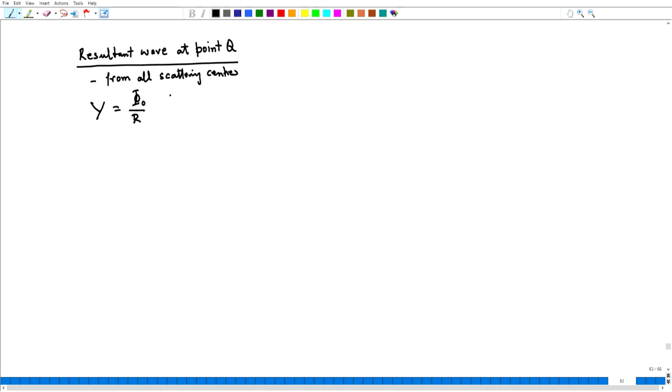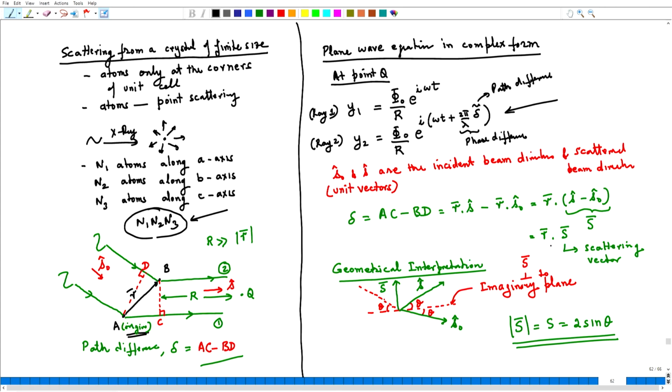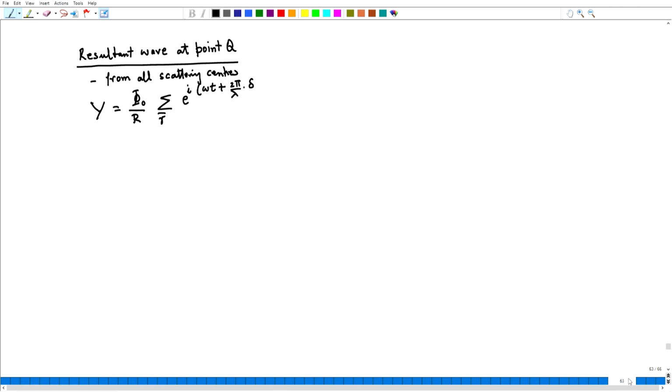So, phi 0 upon R, added over all the R vectors, e to the power i omega t plus 2 pi upon lambda times the path difference. Now, instead of writing the path difference, I should write that the path difference is the dot product R dot S, the scattering vector.